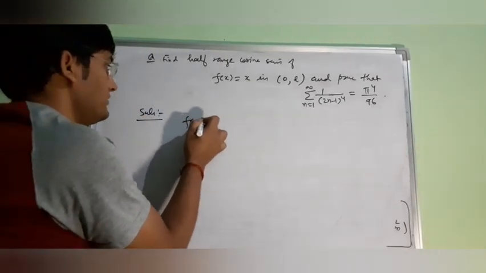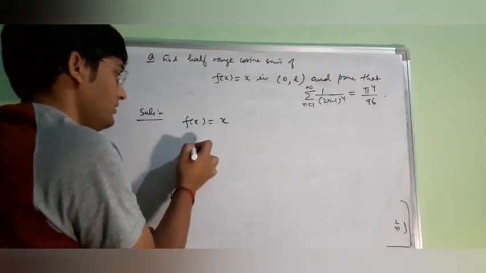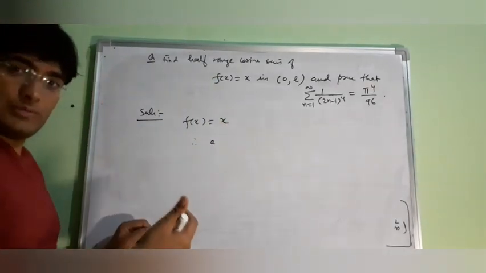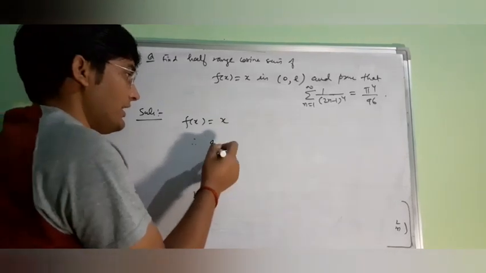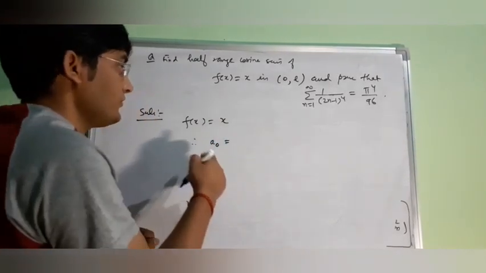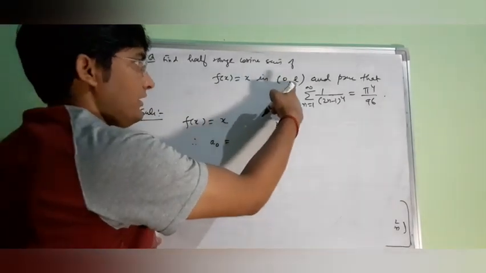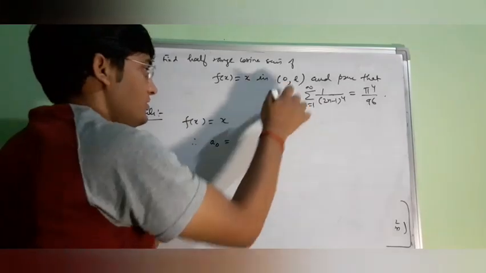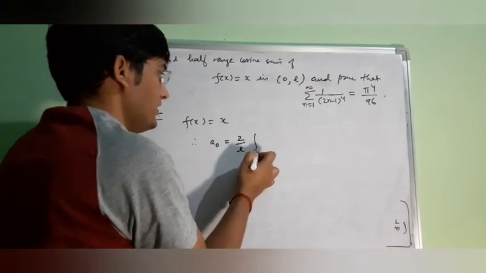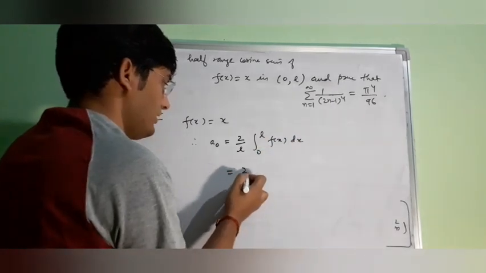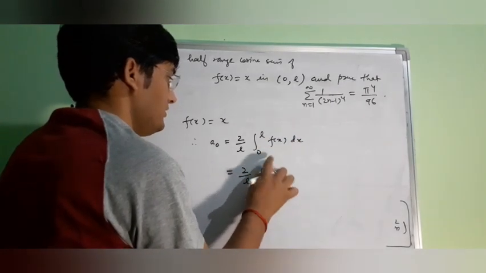f(x) equal to x. For the cosine series we will not evaluate b_n, we will just evaluate a0 and a_n. So our a0 will be, as we have to use the half range series, 2 upon L, integral 0 to L, f(x) dx, and in place of f(x) we have x.